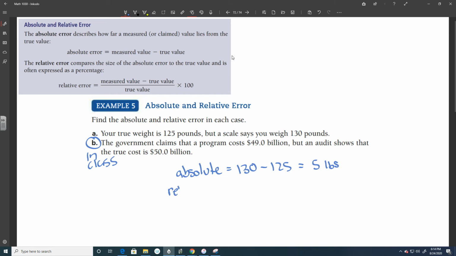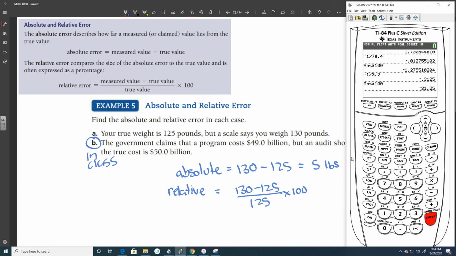My relative error, if I want to know how significant that really is: I take that 130 minus the 125, but then I've got to divide by the 125, my true value, and then multiply by 100. So I take that 5, divide it by 125, and then multiply by 100.